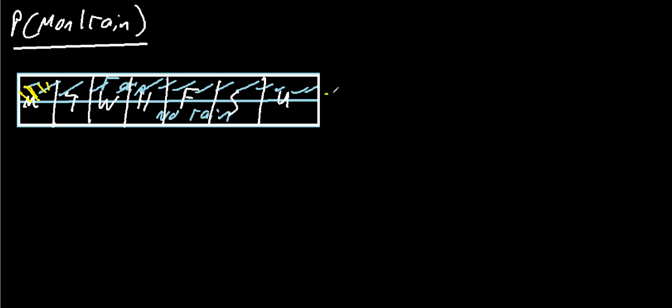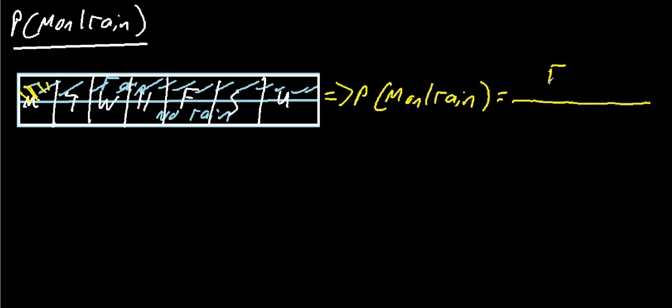So the probability of Monday given that it's raining is equal to the box where it is both rainy and Monday, and this time divided just by the probability of it raining, which was the top part of the first sample space there.